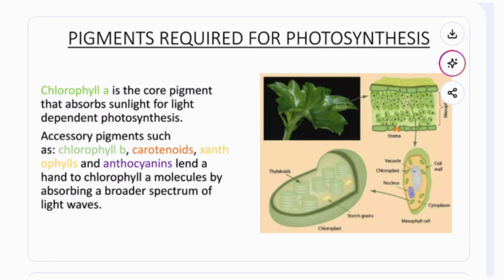The accessory pigments, such as chlorophyll B, carotenoids, xanthophylls and anthocyanins, lend a hand to the chlorophyll A molecule by absorbing a broader spectrum of light waves.